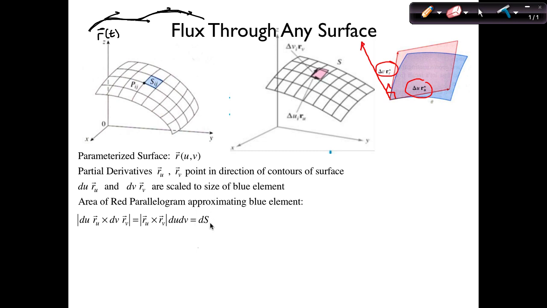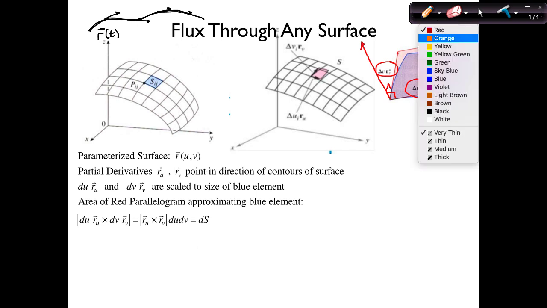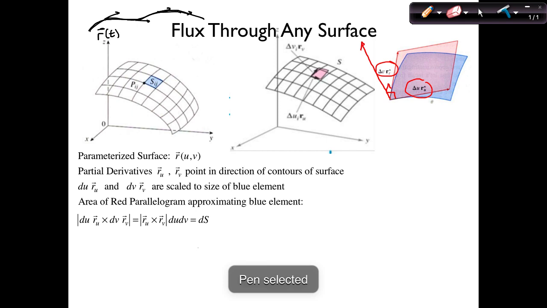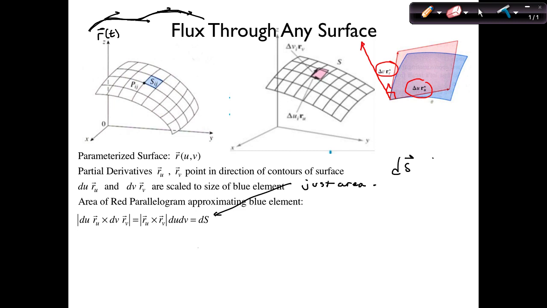As a vector, it also is in the direction of n. This is just the area because I'm taking the magnitude of it. dS is area and in the normal direction.